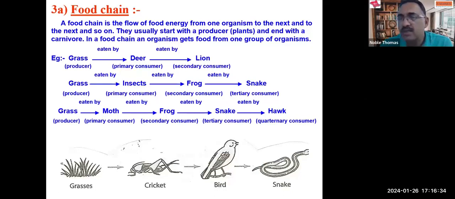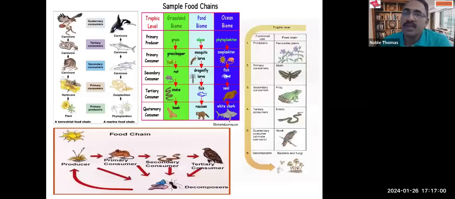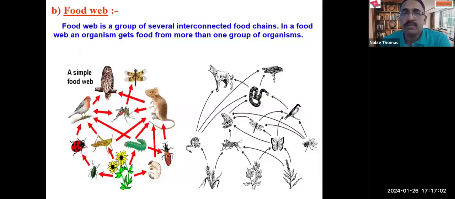And because of that, energy is still stuck there. Okay, so that is how the 90% of the energy is blocked here and there. This limits the food chain to 5 or 6 levels only.